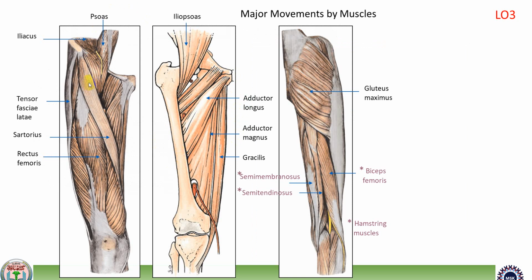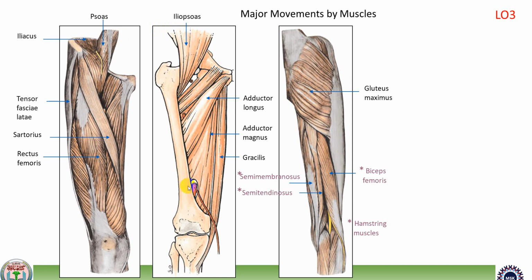These are the muscles working on the hip joint. The muscles responsible for flexion are mainly the iliopsoas muscle, which is psoas and iliacus, in addition to the muscles in the anterior part of the thigh: tensor fasciae latae, sartorius and rectus femoris. These are responsible for flexion, but the prime mover for flexion is actually the psoas and iliacus, called iliopsoas.